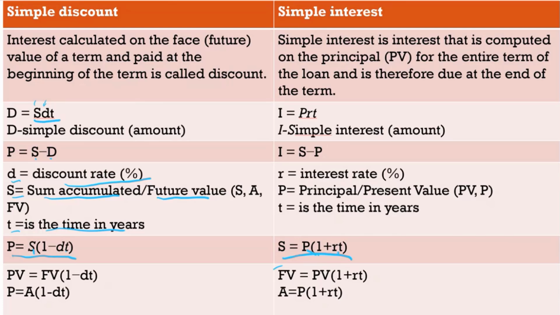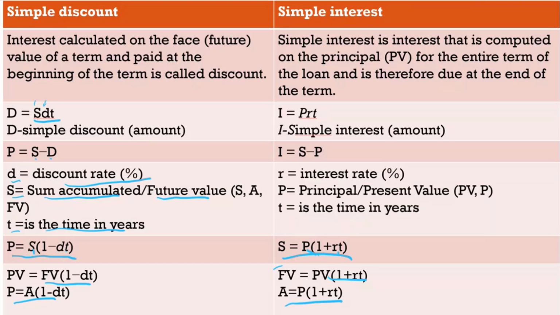Positive is an interest, discount is negative. So those two are different. Sometimes you find some texts using this notation or that notation. It does not matter whichever way you look at it, it is still going back to the same themes.